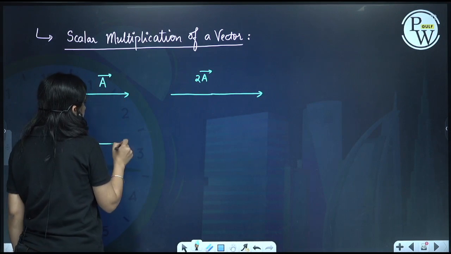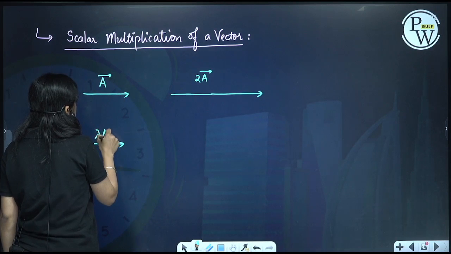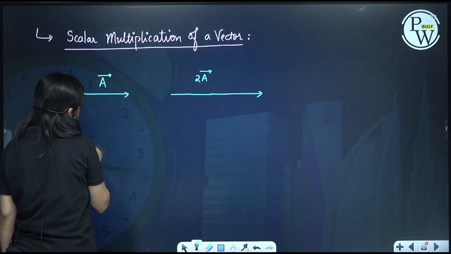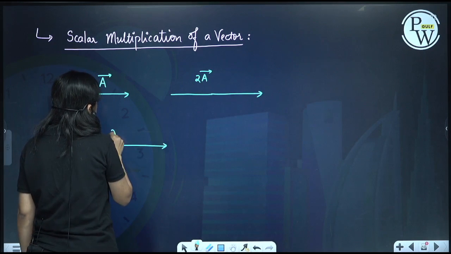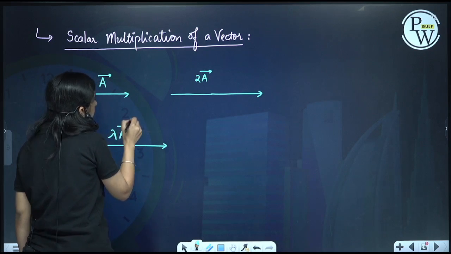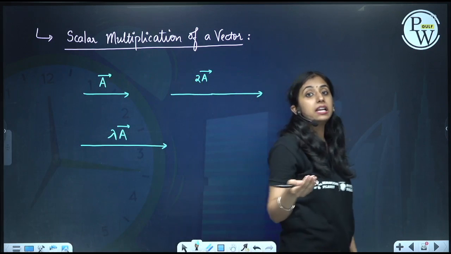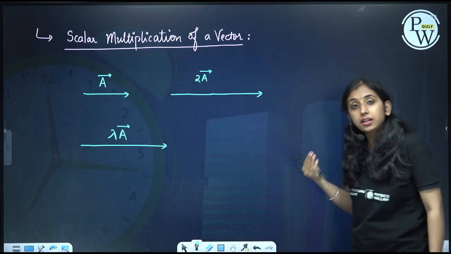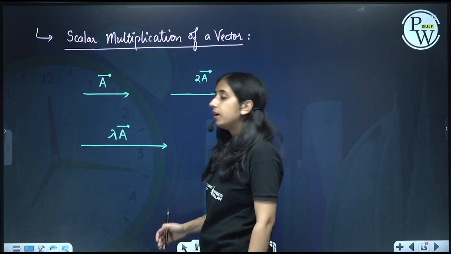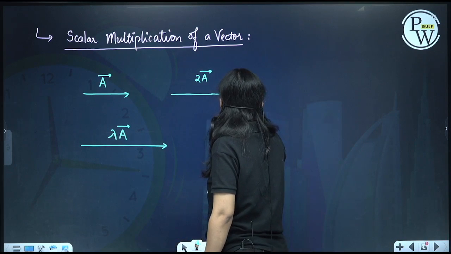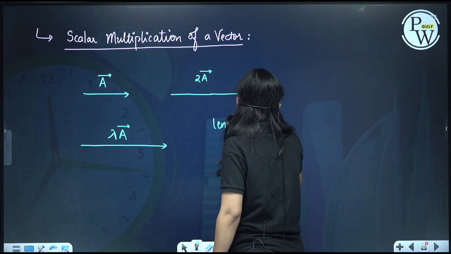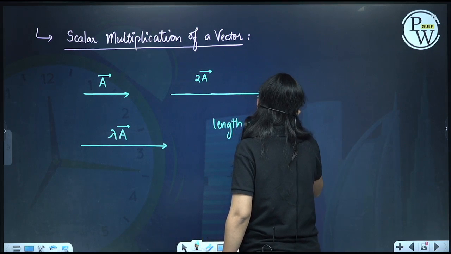If I have a vector a and I want to find lambda a, that is, I have multiplied my a vector with some scalar number, then length will become lambda times.